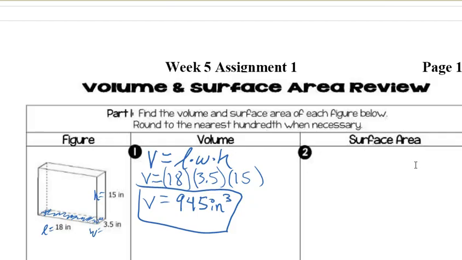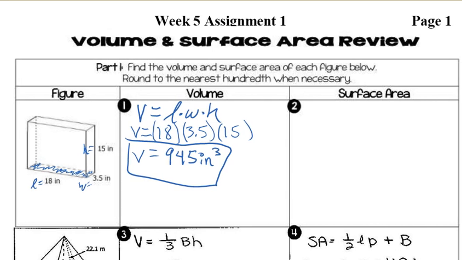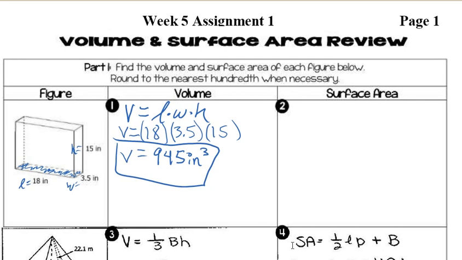Surface area. I'm going to do this in green. So surface area. Now the way I see surface area, I don't know if it's going to help you or not. Hopefully it does. But there are formulas you could use.